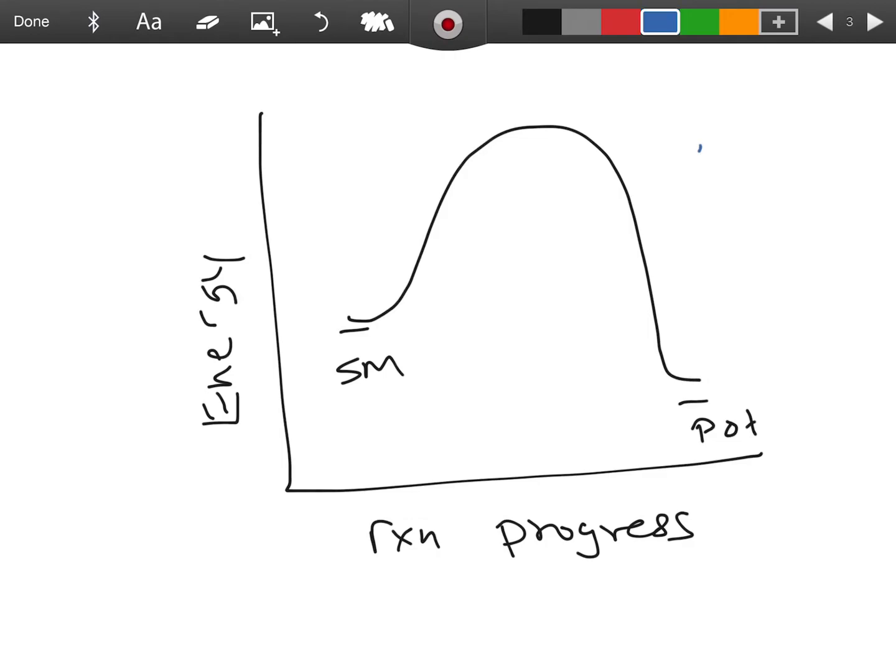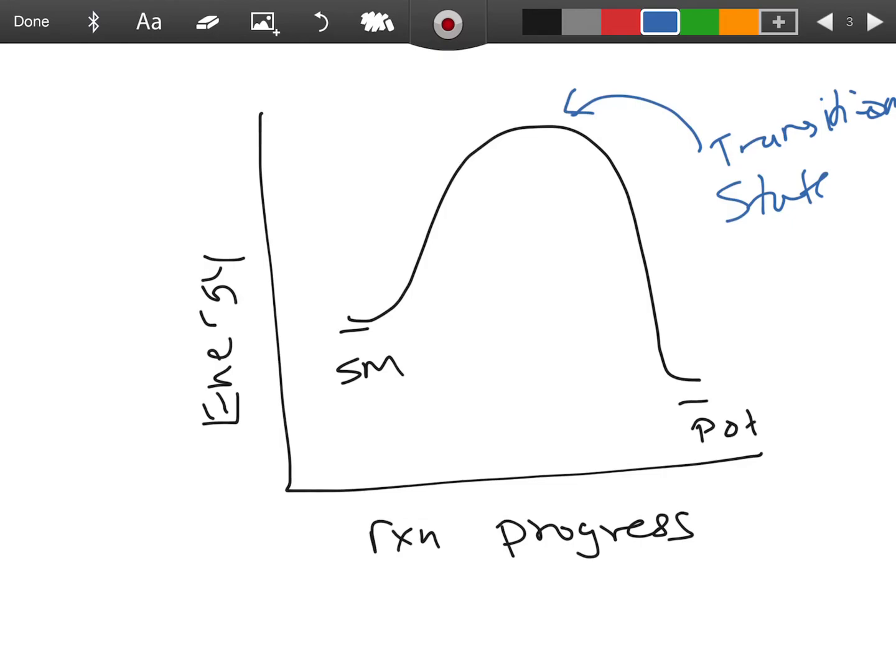In the peak, this is poorly drawn, this is your transition state. That is the point of highest energy, where you have partially formed bonds.